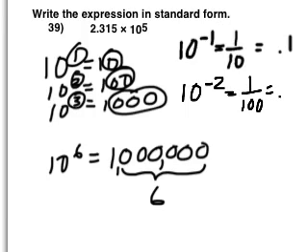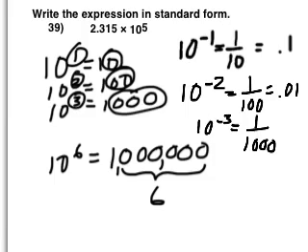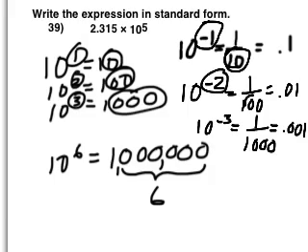And that as a decimal would be 0.01. 10 to the negative 3 equals 1 over 1,000, or 0.001.